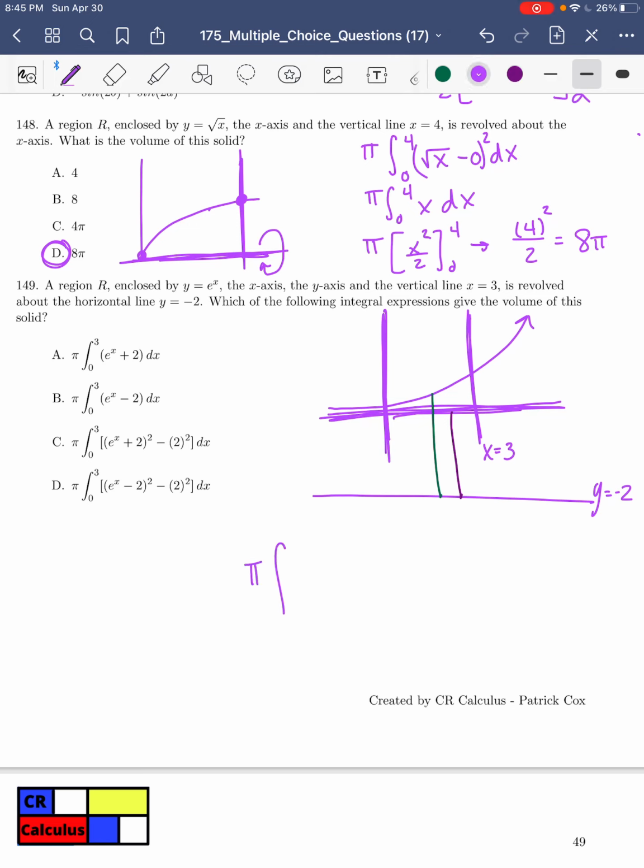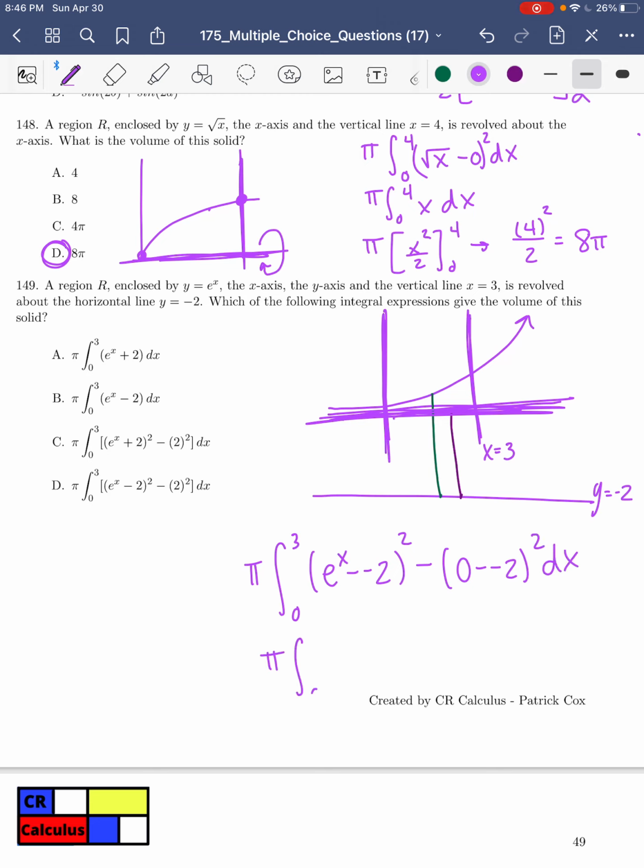So to set it up, we should have pi on the outside. We know it goes from 0 to 3 just by the numbers that they gave us. Now big radius is going to be e to the x minus -2 squared, minus little radius is just going to be the x-axis, which is y equals 0 minus -2 squared dx.